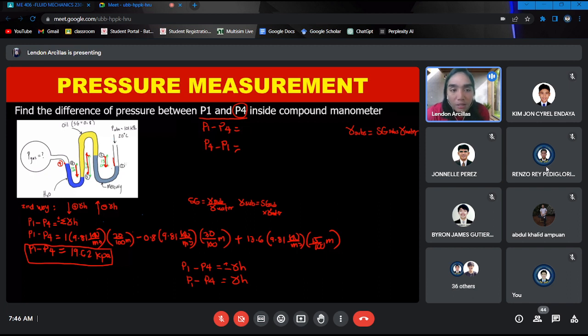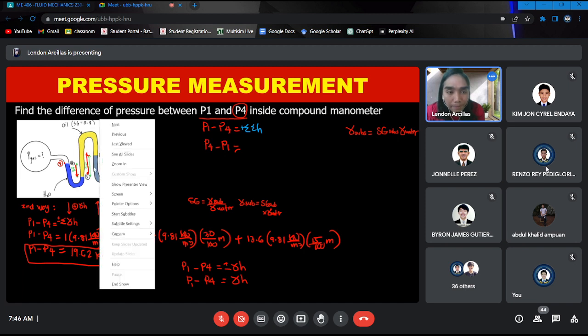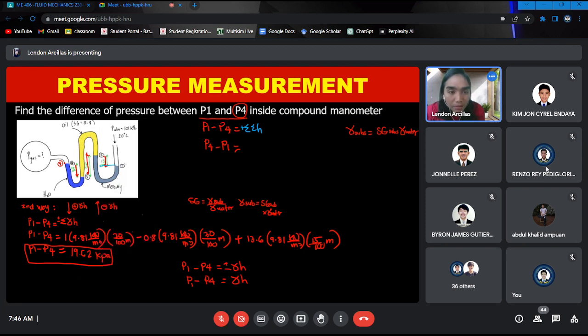So, from pressure 1 to pressure 2, so that is positive or negative. So, yun. So, example lang natin ha, pressure 4 minus pressure 1 yung tinanong. So, magsisimula tayo sa pressure 1. So, pressure 1 to pressure 2. That is the first specific weight. So, yan. Tayo ay umakyat or taas, pataas.